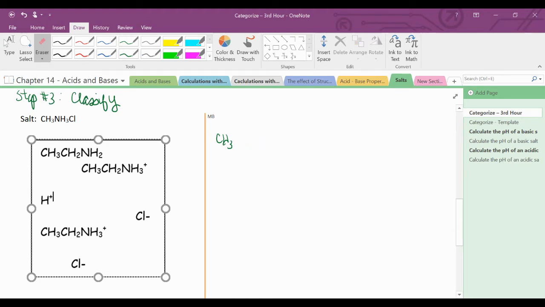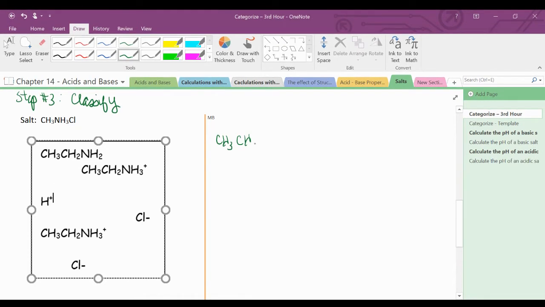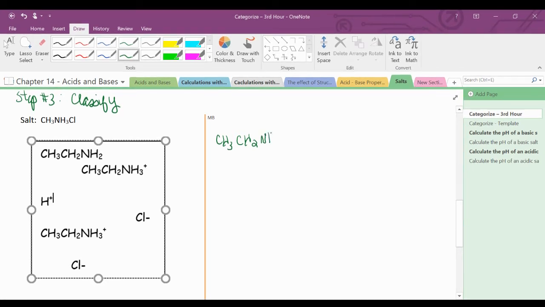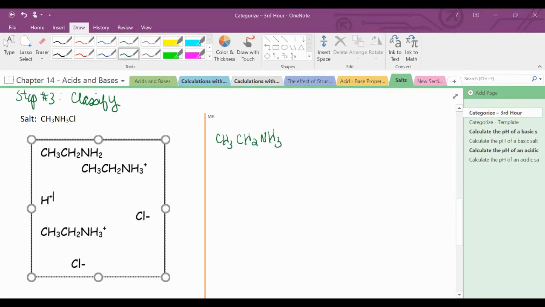Okay, it looks like at the top I have the wrong salt listed, but I want to use the salt that's in my picture. So it's CH3CH2NH3Cl.